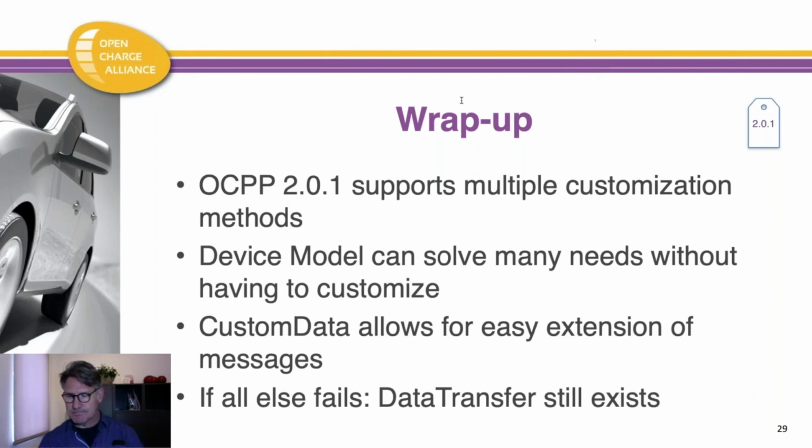Okay. Let's see, is it possible to customize OCPP 1.6 to work with QR codes to enable or disable the charge point?